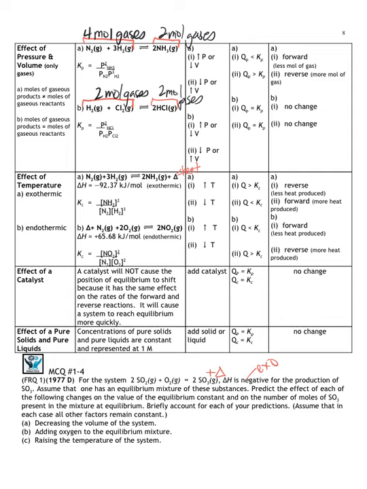I also know my moles of gases, so I'm going to count the moles of gases in the reactant and the product. It looks like I have 3 moles of gases in the reactant and 2 moles of gases in the product. So let's go ahead and read what the first stress is.